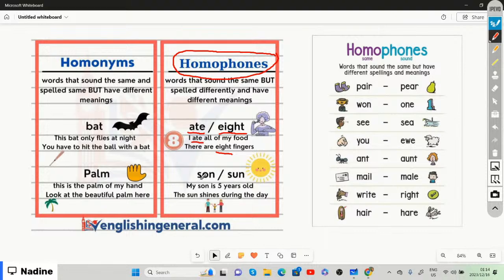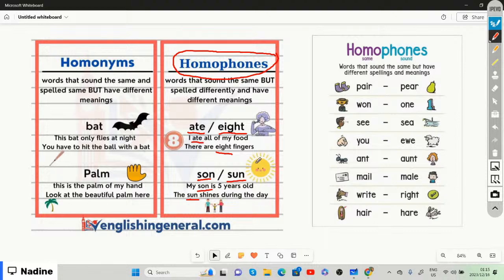another example, which is like sun and son. My son is 5 years old. And then we have another one, which is the sun shines during the day.